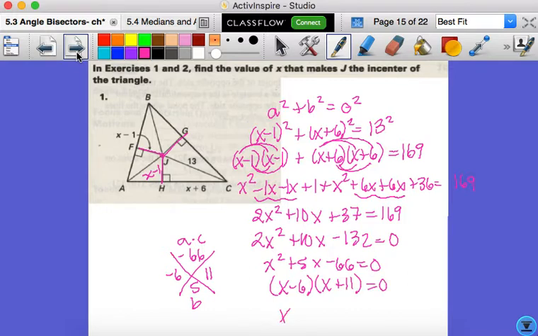So that tells me that x is either 6 or negative 11. Now in this case, if that x value is negative, and I go back and look at some of these equations, that's going to make a negative distance. So negative 11 is not a valid solution, but 6 is a valid solution.